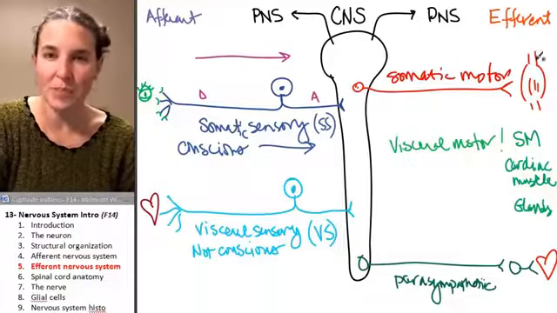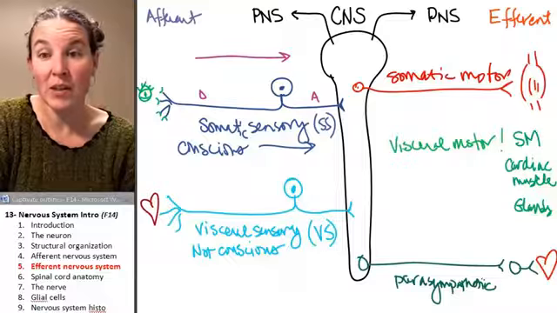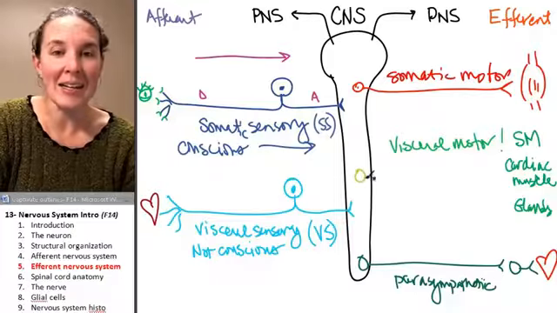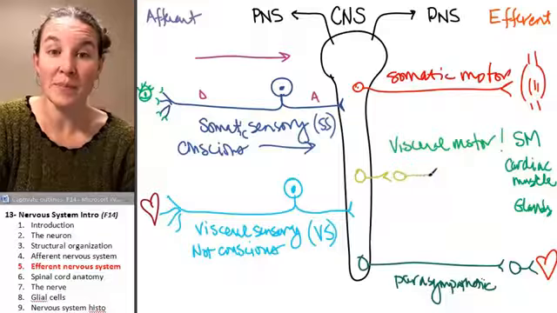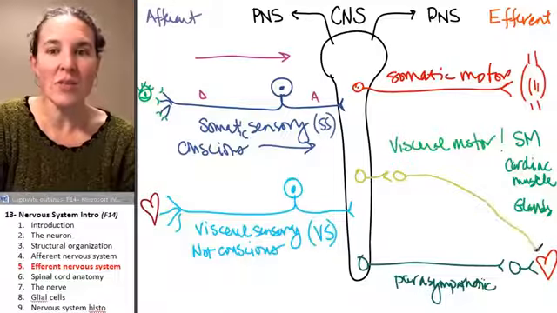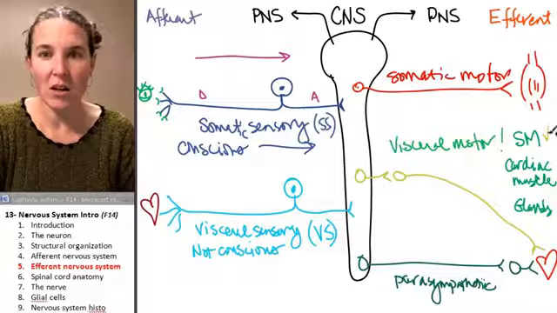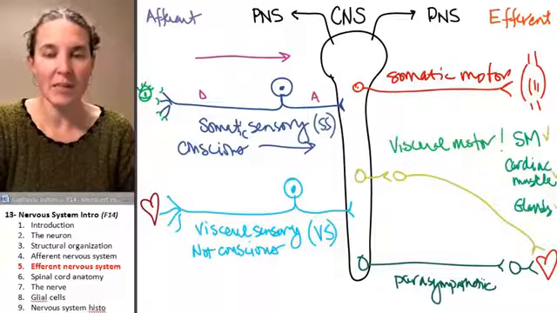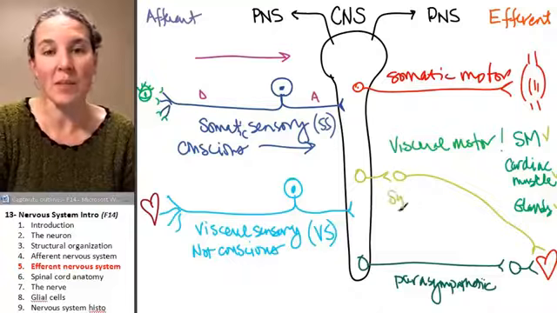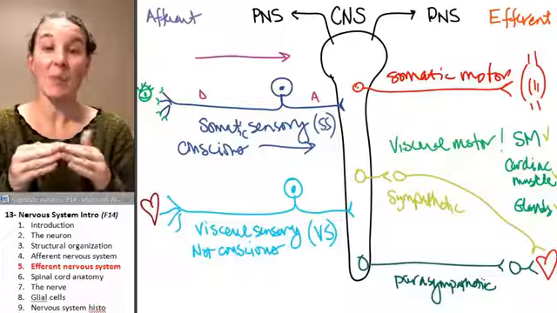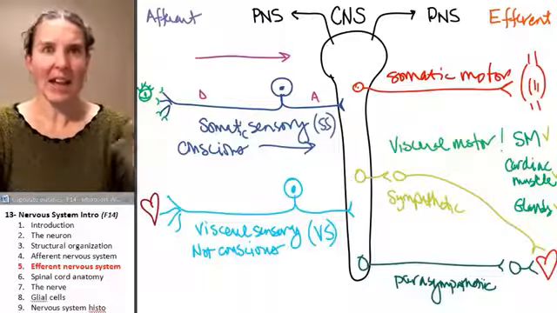What's my other option? My other option, my little cute heart friends, that's you guys, is sympathetic. Again, it's visceral motor. We have a two-neuron pathway. We actually innervate the same effectors, smooth muscle, cardiac muscle, or glands, but this time it's a sympathetic pathway. And a sympathetic pathway activates everything.